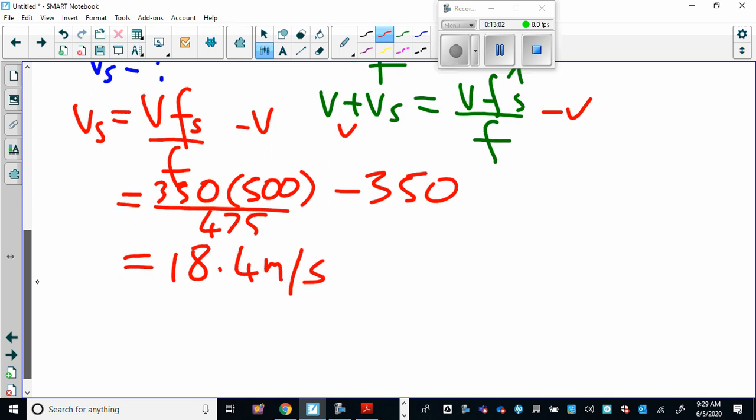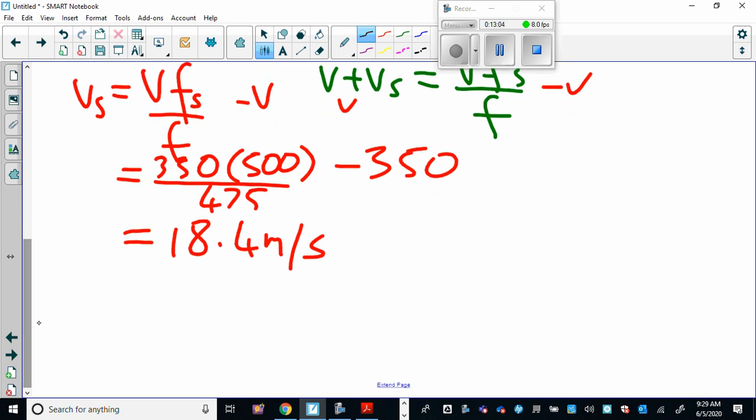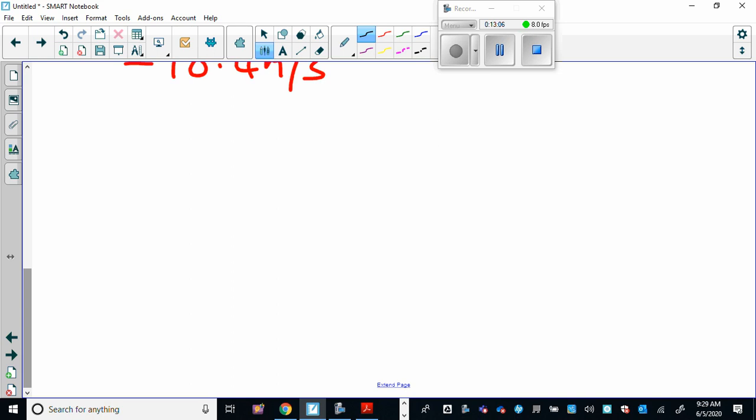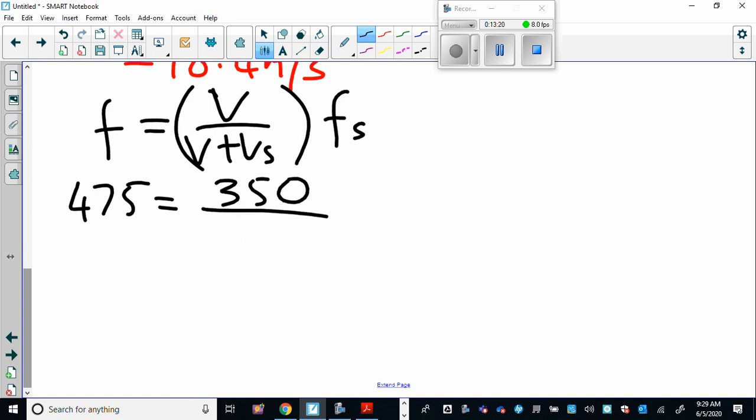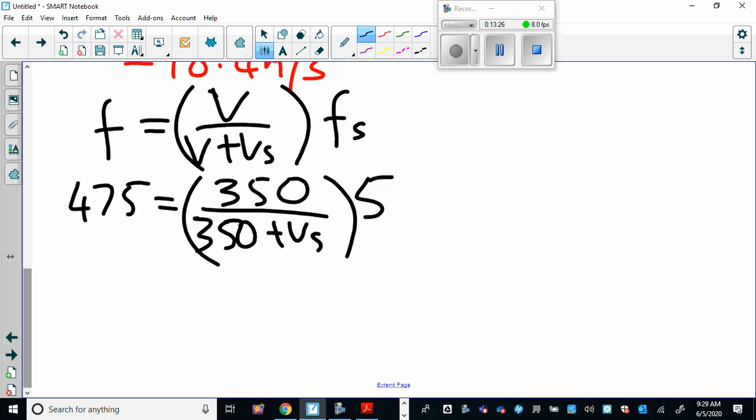All right, and then the second way is, again, just to plug the numbers in. So here's our formula. It's a plus. 475 equals 350 over 350 plus Vs times 500.